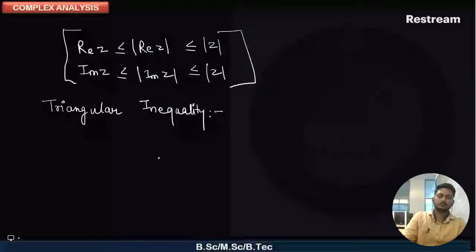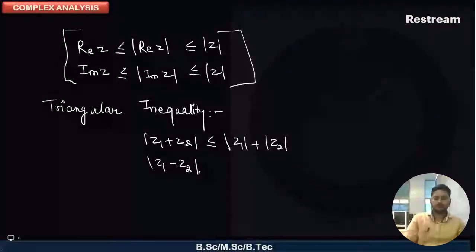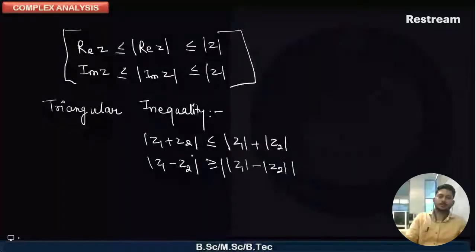In the triangular inequality we know it like this: the mod of z1 plus z2 is less than or equal to mod z1 plus mod z2.